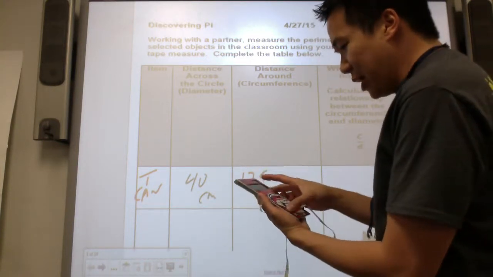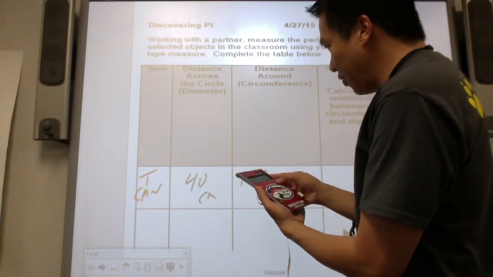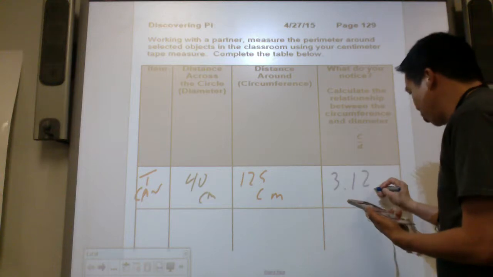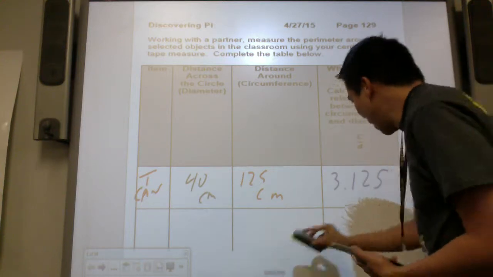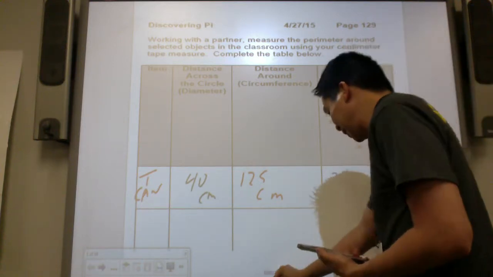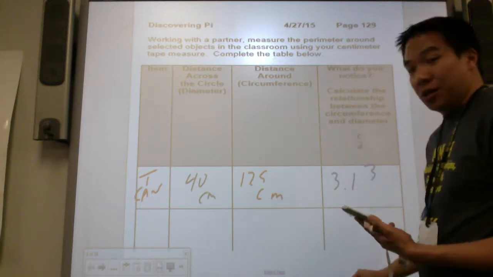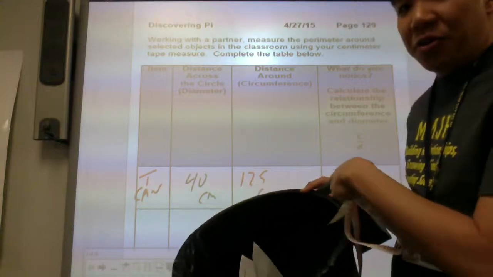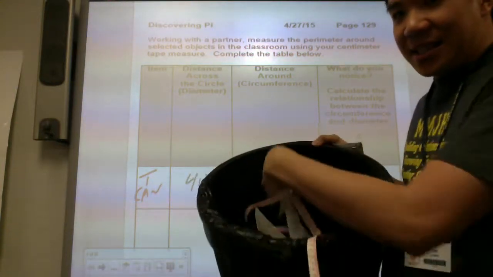Is that really true? Let's divide it. 125 divided by 40 is 3.125, which rounds to 3.13. So the circumference is about 3 times the distance across.